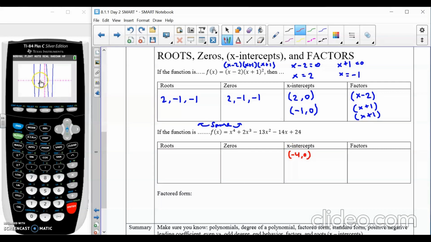Okay, and if we look here, it's at the 1, 2, second tick mark. So we have (-2, 0). The next one is at +1. And the final one is at 1, 2, 3, so (3, 0).